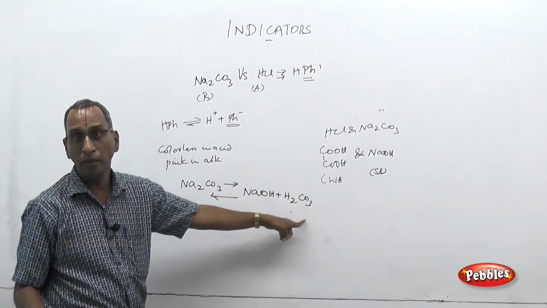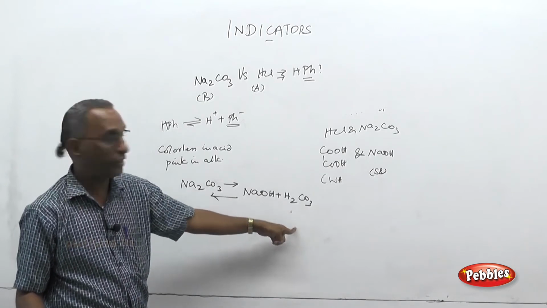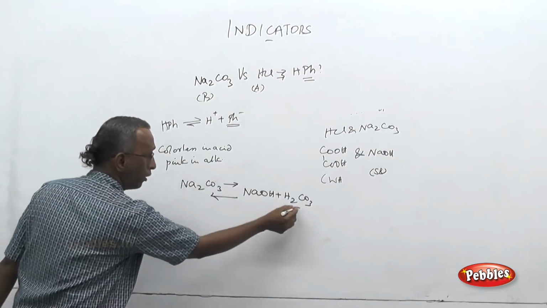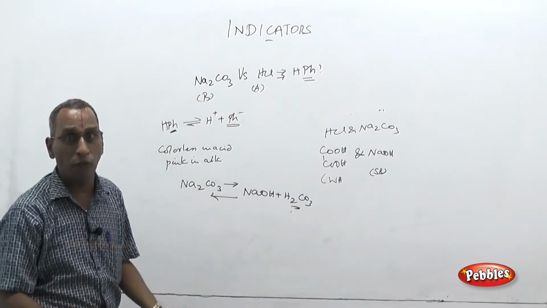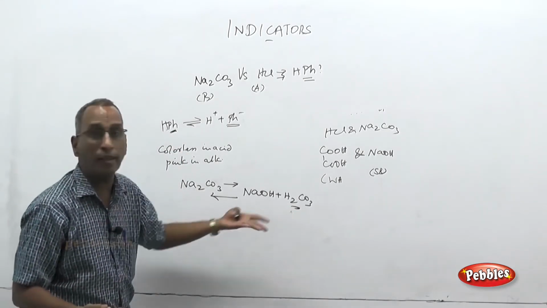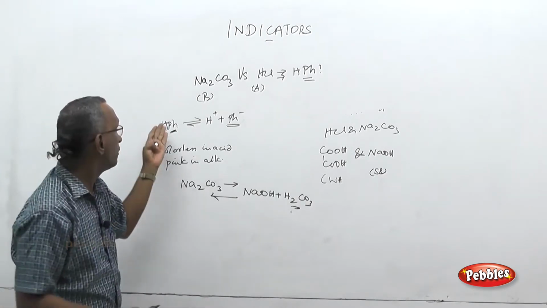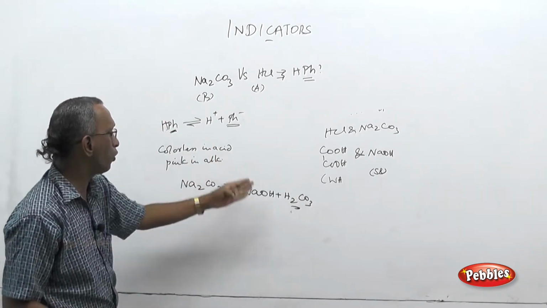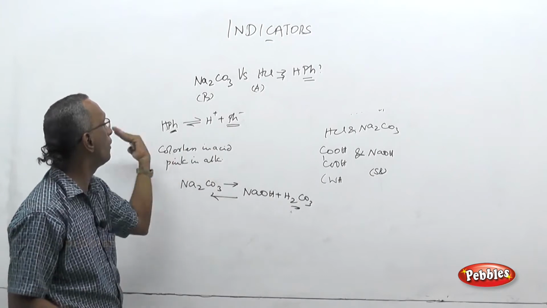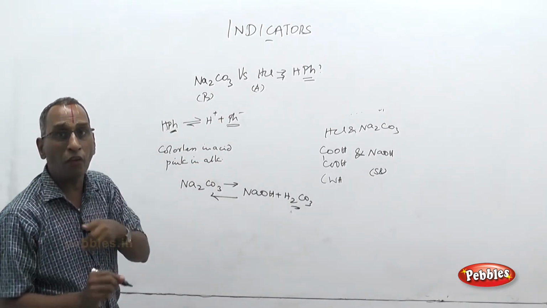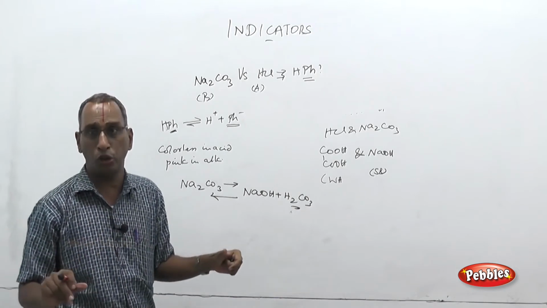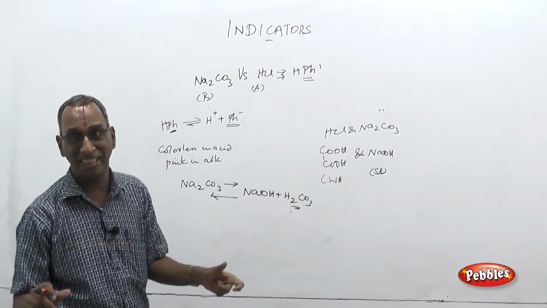Phenolphthalein itself is also a weak acid, and carbonic acid is also a weak acid. Then how can it donate protons to shift the equilibrium towards left or right? So it is not functioning. So phenolphthalein cannot be used for weak acid titrations.